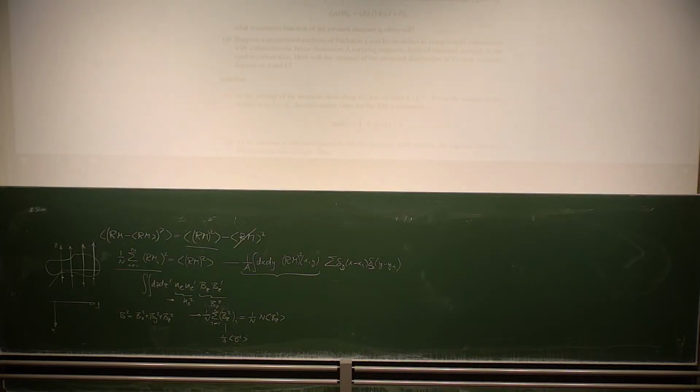Now, good? Yeah. All right. This is also how this correlation function in the next part of the problem comes into the game. Because once they are correlated, they are not independent anymore, and then the correlation function enters.